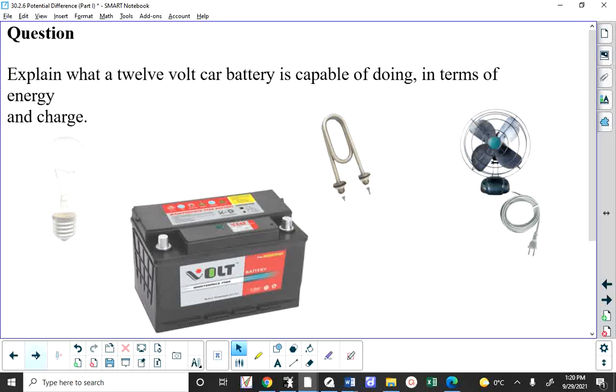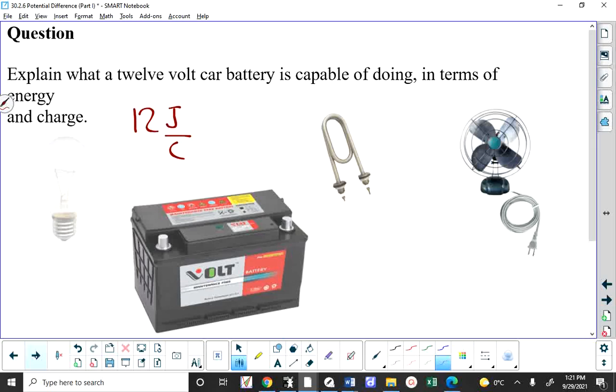Quick question here. If I had a 12 volt car battery, what does that mean? It means that if I connect that battery to, say, a light bulb, for every coulomb of charge that flows through the battery in the light bulb, 12 joules of heat and light will be produced. So 12, not 20, 12. This is 12 joules per coulomb.